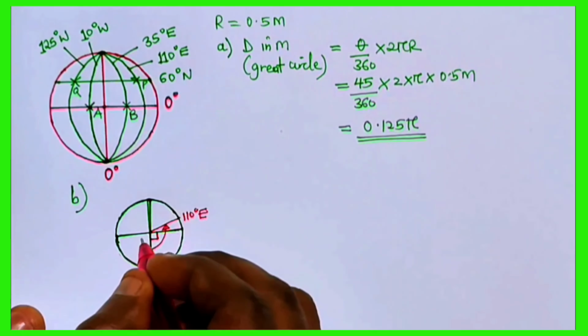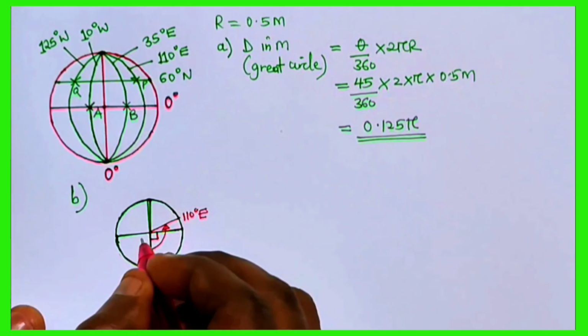And therefore, the radius of the globe, which was to compare with the radius of the Earth, which is 0.5 meters, when we multiply by the cos of this latitude, which is on a latitude 60 degrees north, we are going to get the value of the radius that we are going to use for this latitude. So when you multiply here, you're going to get your answer as 0.25 meters.